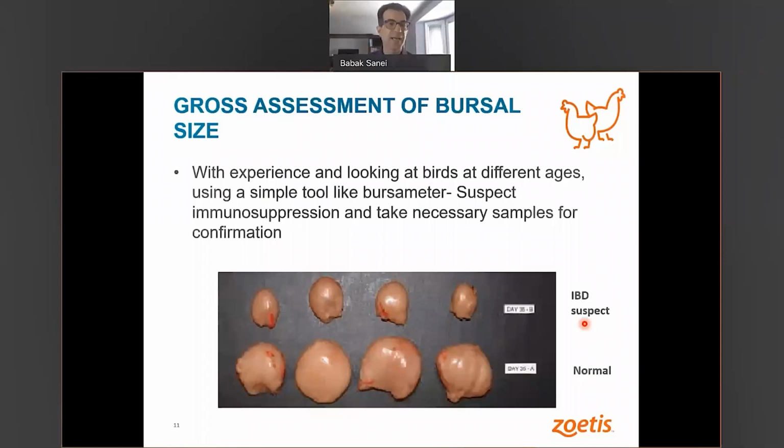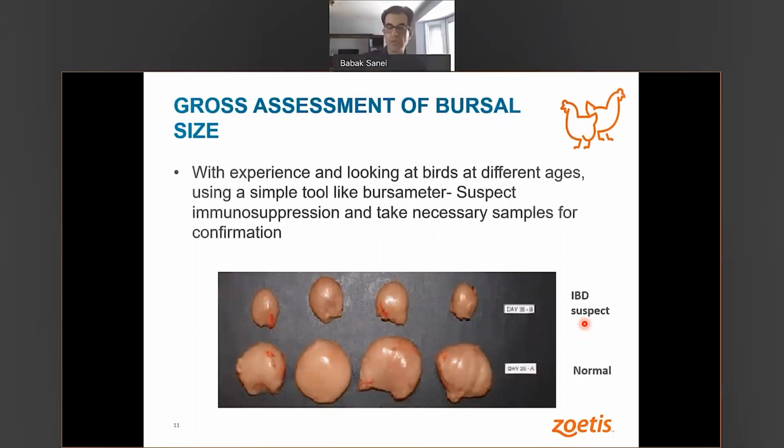It's smaller. Then definitely you need to talk to your vet, because there are a few things that can affect it. You may indeed have an IBD infection, but also some of the vaccines that you use can affect the size. It's very normal, because that's the take of a vaccine.